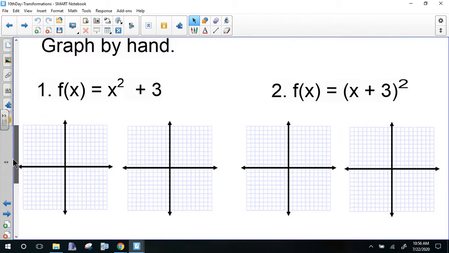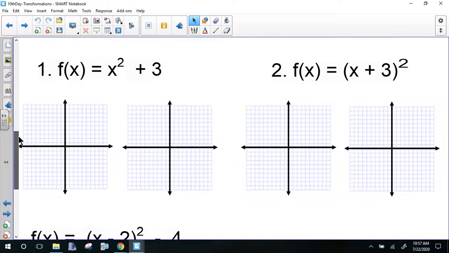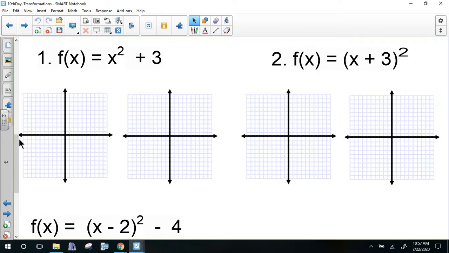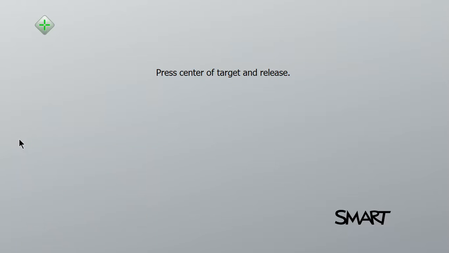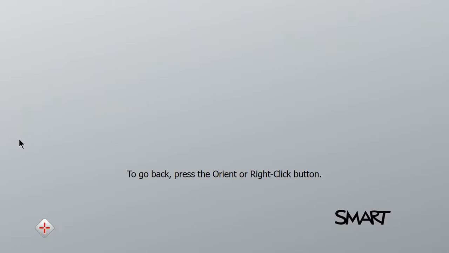So if we want to graph some of these, for example, I want to graph x squared plus 3, I'm first going to graph the parent function, which in this case is x squared. I'm going to optimize my board here real quick so I can have some exact graphs.